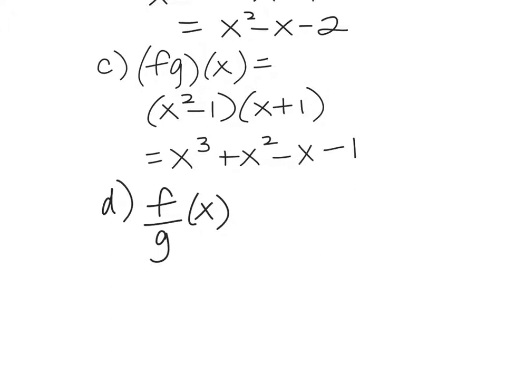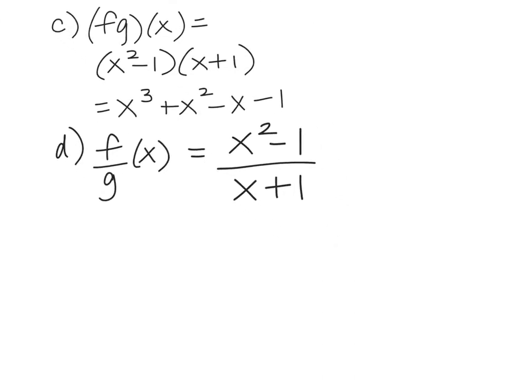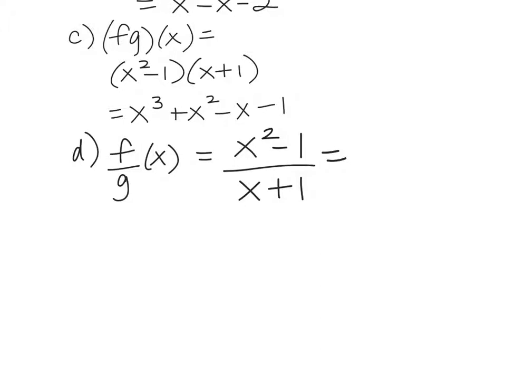So if we take f divided by g, that's going to be x squared minus 1 divided by x plus 1. Now, you don't start canceling things out. That's not allowed. What you can do is factor and then reduce.